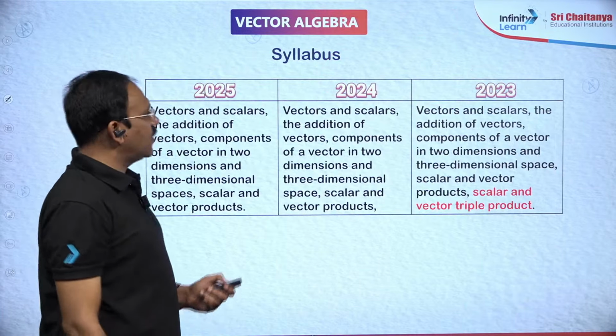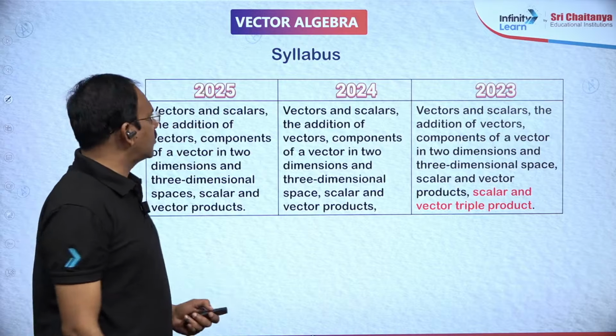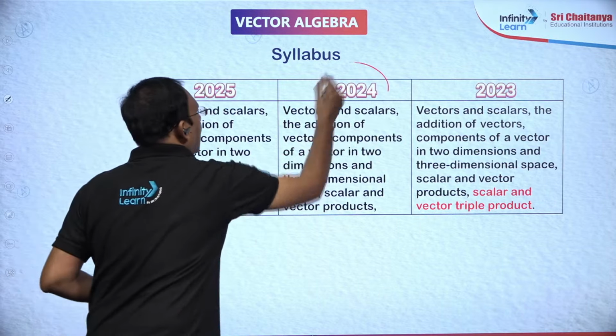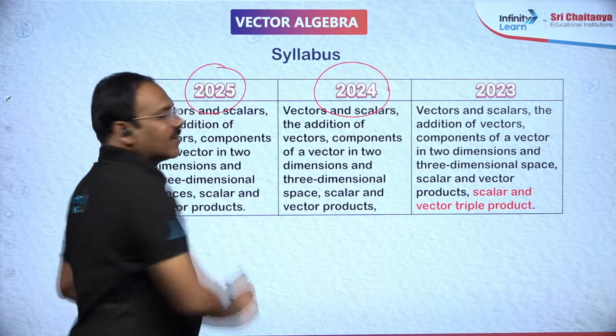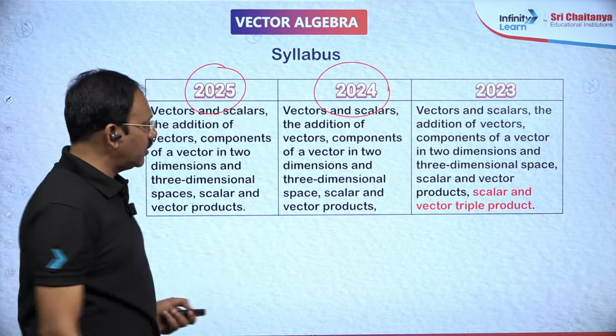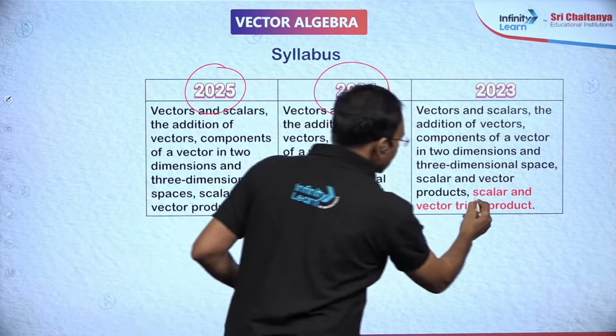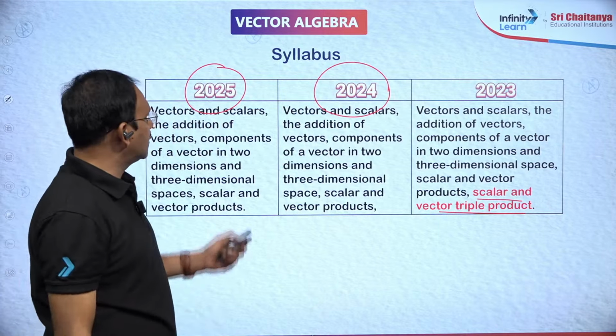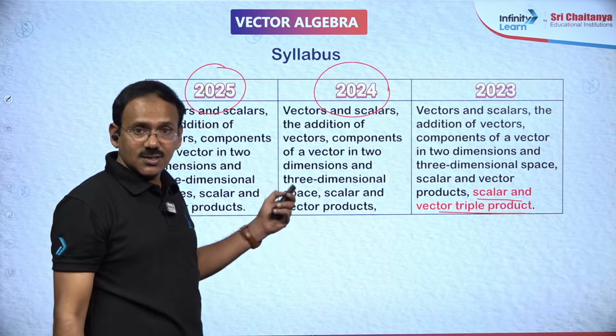The next you see is the vector algebra part. Coming to vector algebra, the 2024-25 syllabus is the same, there is no difference at all, dear friends. Whereas in 2023 scalar and vector triple products are mentioned, in 24 the triple product is not mentioned.